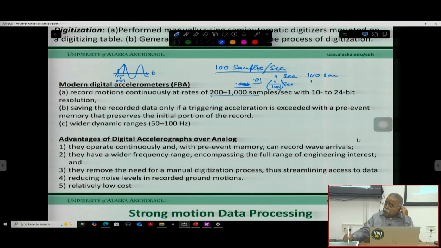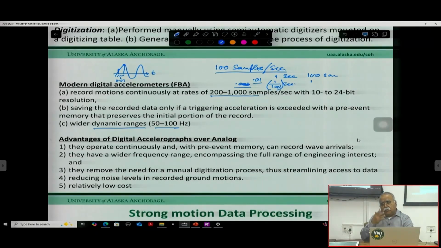And it has a very wide dynamic range, with 50 to 100 hertz as its dynamic values. Nowadays, with the availability of very good data communication ports and digital transmission over the internet, we even do not do threshold recording.